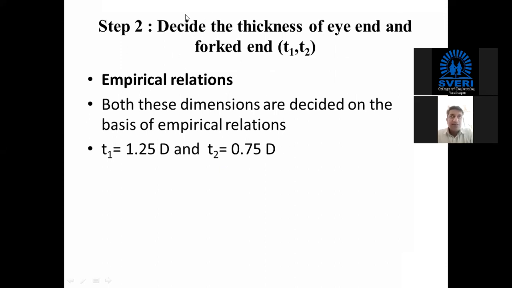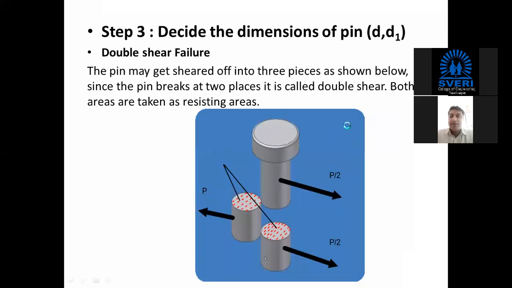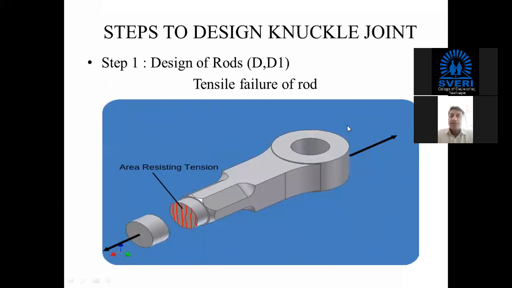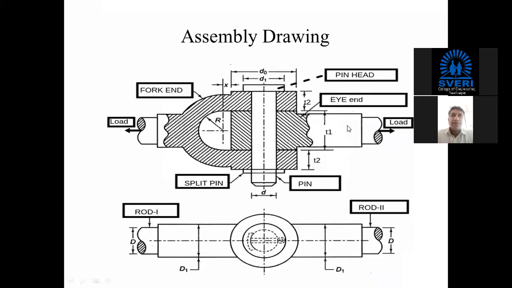This thickness of double I, this value is taken as 0.75 times the diameter, from the empirical formula.